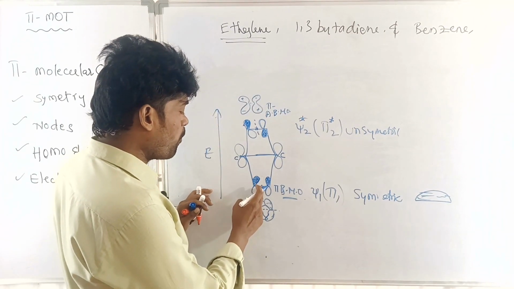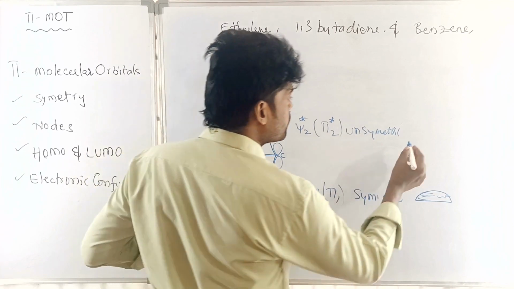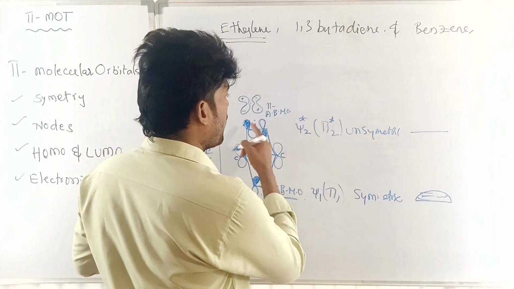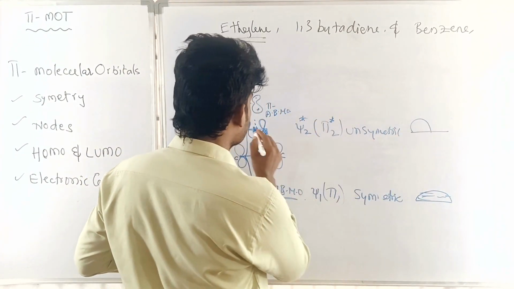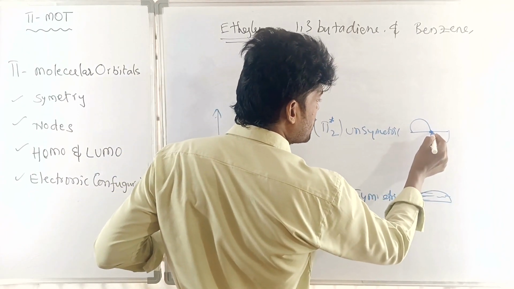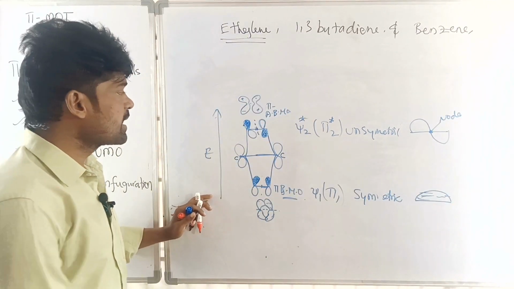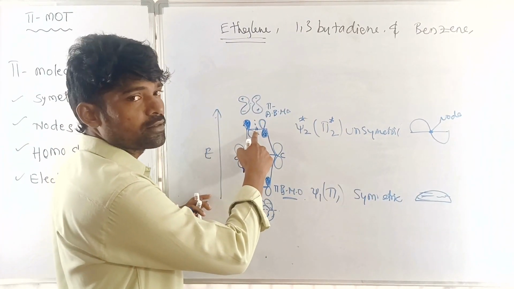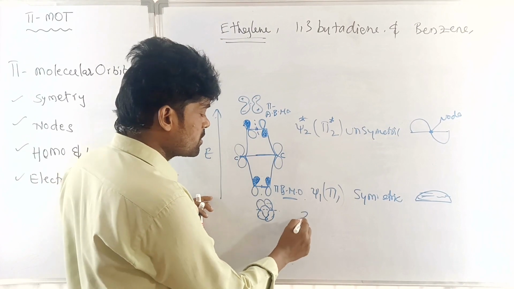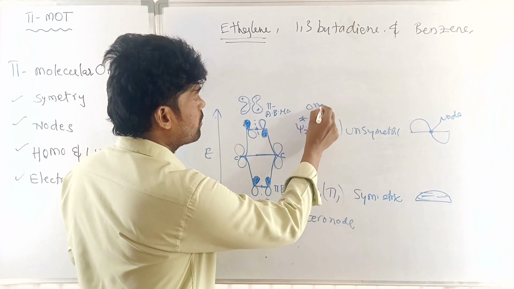There is no node in psi1. Coming to psi2, one upside is shaded, one downside is shaded. So this point is a node. In this case, one node is present. Here zero nodes, here one node.